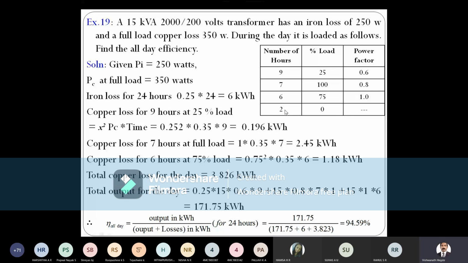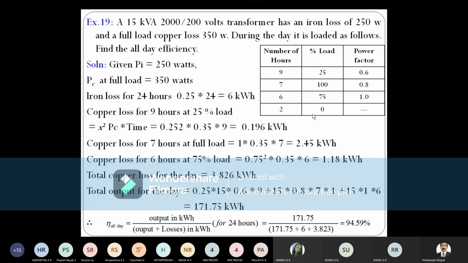Remaining 2 hours is no load. You can assume. If by chance in some numerical problem such a loading pattern comes, then you should say the number of hours of load given is only for so many hours, for example here 22 hours. For the remaining 2 hours, it is assumed that the transformer is on no load. See, these are all the engineering ways of solving problems or doing things.